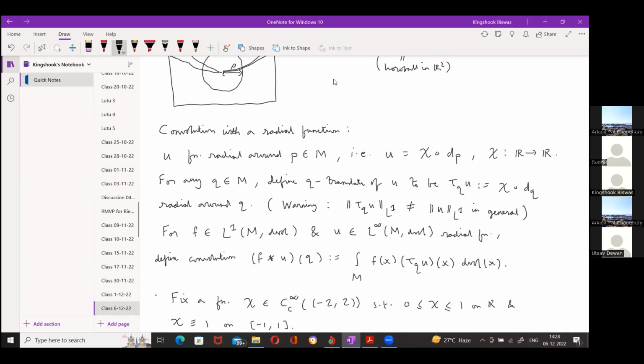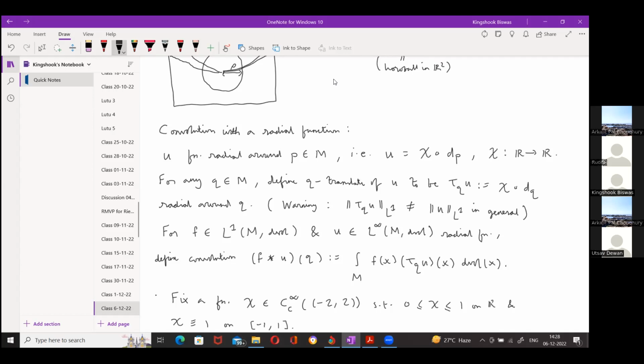This will be true in a harmonic manifold. Because in a harmonic manifold, if I take polar coordinates around any point, then I can write the volume measure in terms of the Jacobian, and the Jacobian only depends on the radius. It's independent of the origin.